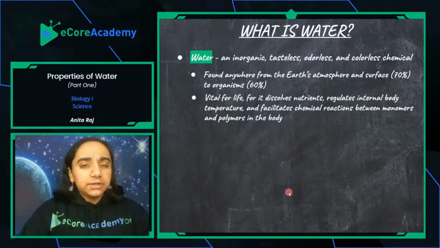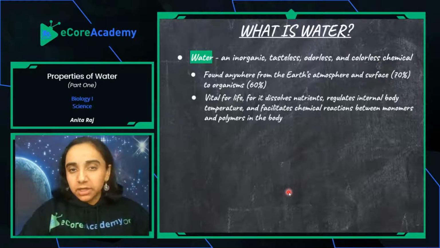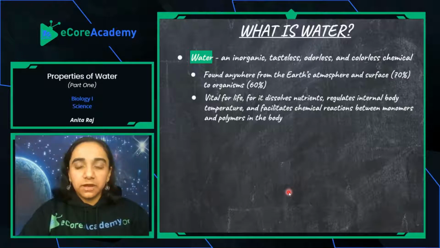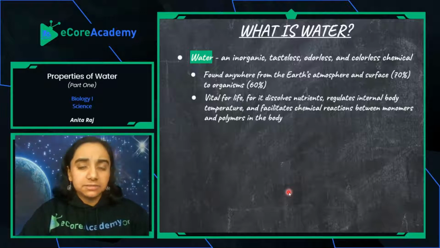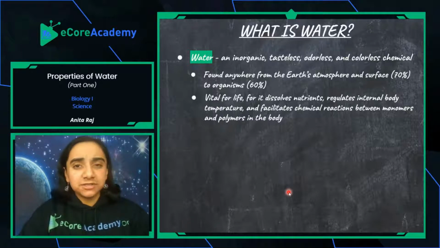Well, water is used to dissolve nutrients in our body when we consume food. The food that we consume, we can't just immediately use that food and make it usable energy. There are processes through metabolism that our body has to go through to convert it into usable energy. And in all these processes water aids because it helps dissolve nutrients.